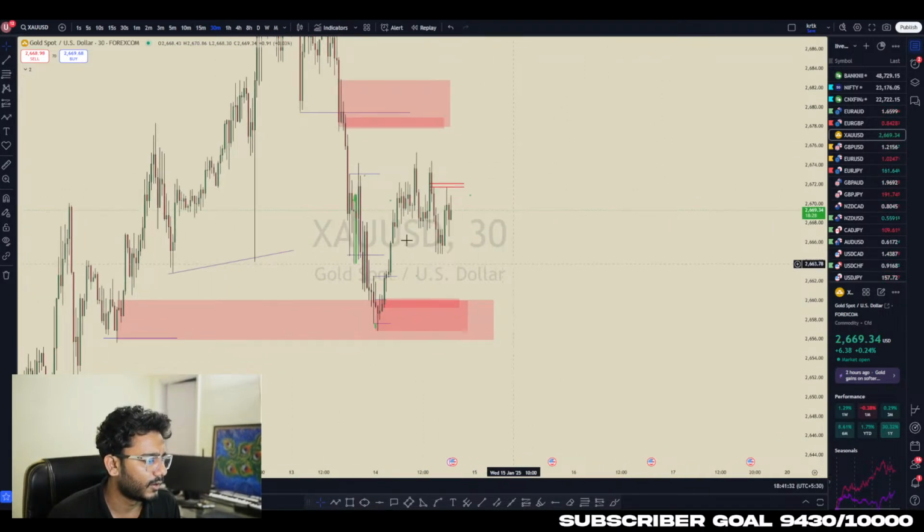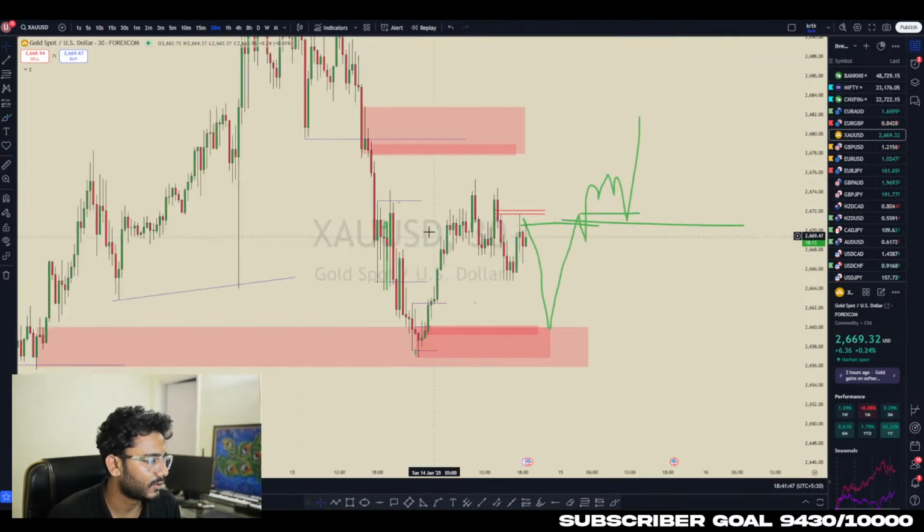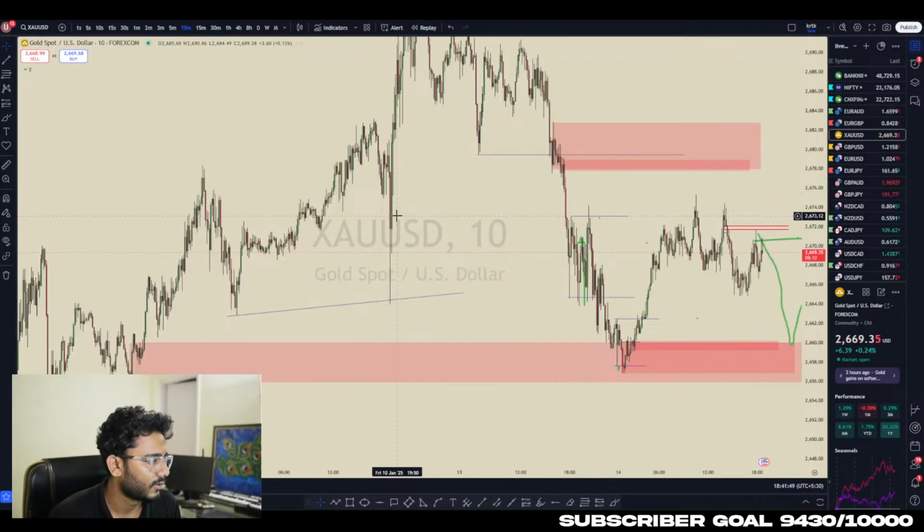Okay, and even if we miss the entry here, price sweeps this liquidity. After this area is broken, we will be looking for inducement and then liquidity, and then we'll be re-entering this trade, just like on the Friday here.